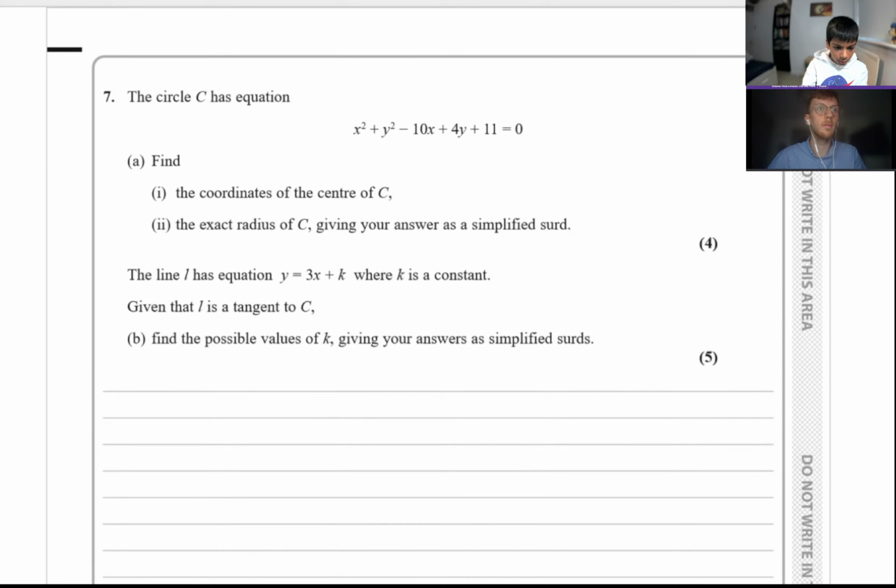So what we could do for part A(i) is complete the square.